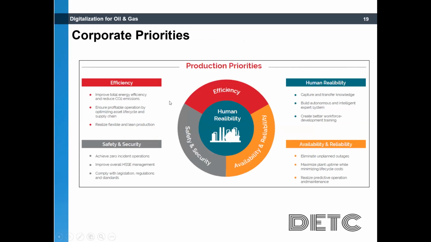We can see here the overview of corporate priorities, which is mainly to achieve efficient operations in a safe and secure manner and enable the overall good health and human resources management of the company and the availability and reliability of all resources and assets.